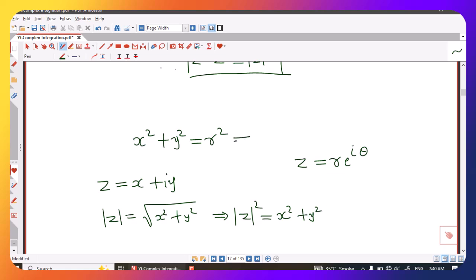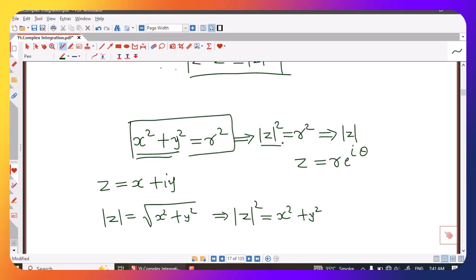So I can write this in another form also. I can replace x square plus y square by mod z square, and that is equal to r square, and because mod z is always positive, taking the square root on both sides, we have the absolute value of z equal to r.